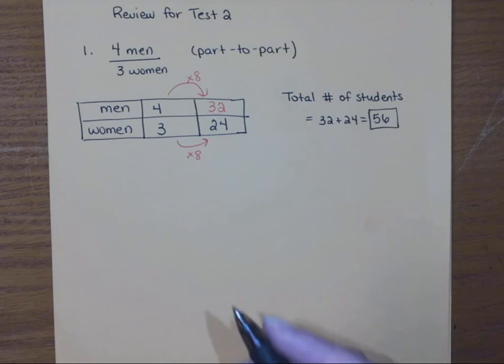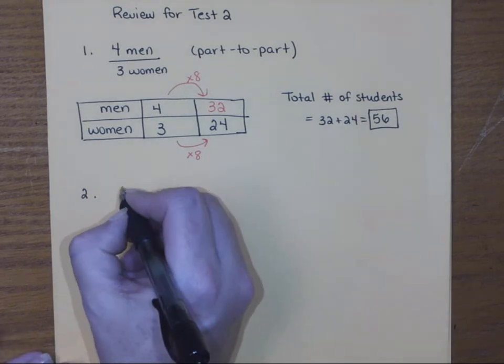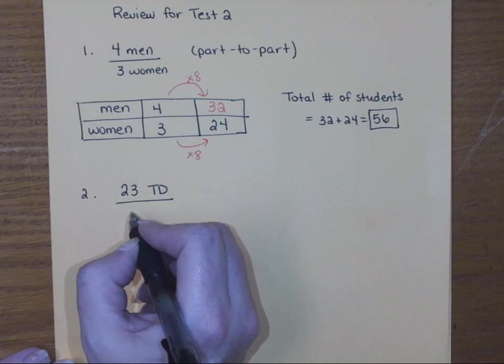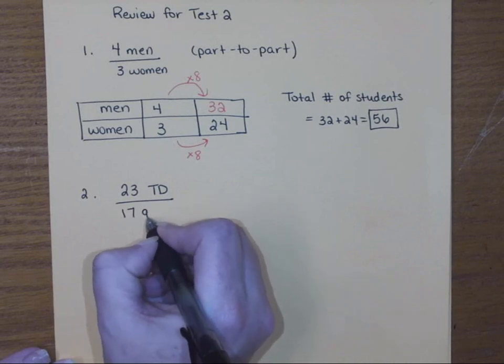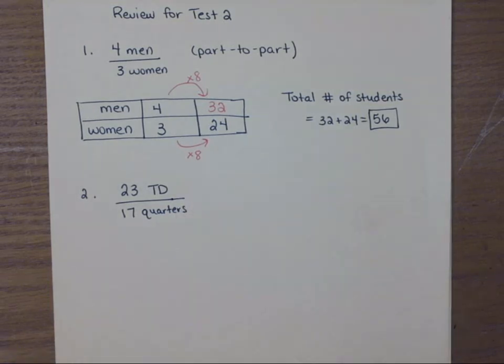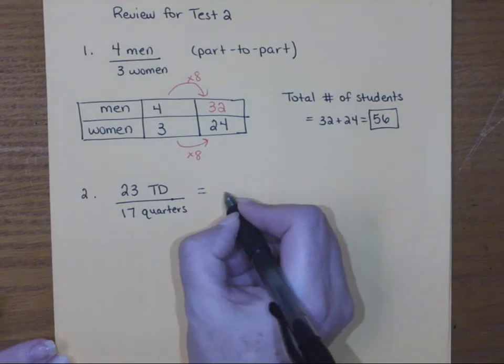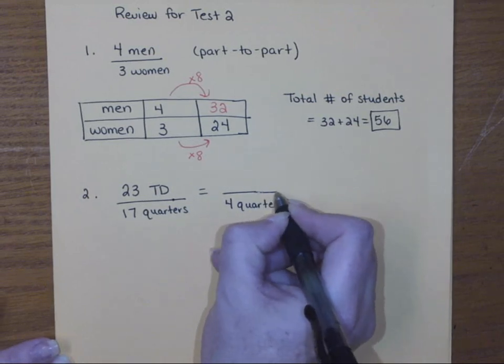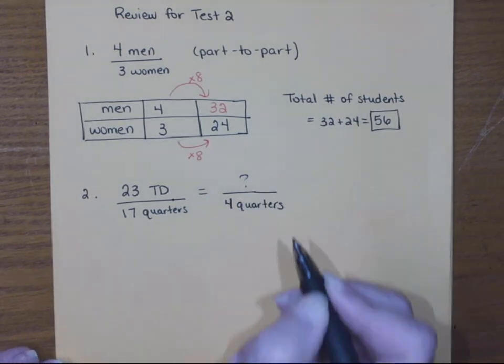Okay. Number 2, I asked you to use a proportion and then round to the nearest 100th. So we have 23 touchdowns scored in the last 17 quarters. So based on this ratio, it says how many touchdowns to the nearest 100th would he throw in a normal 4-quarter game? So if I have 4 quarters, the question is what would go here?